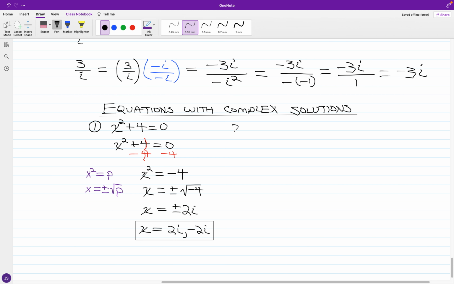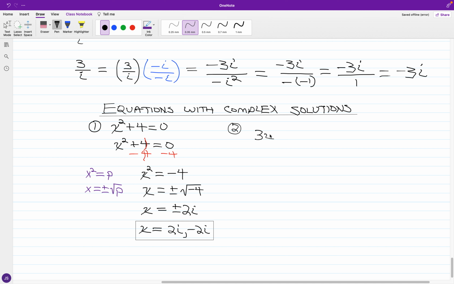Also, if I have, let's say, an equation, I'll say we have something like x squared. I'll do it this way. Okay, so we have a leading coefficient.